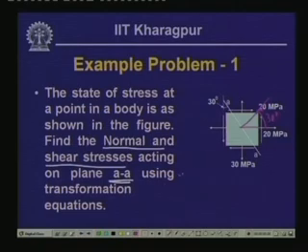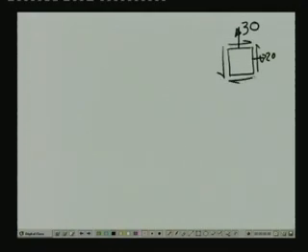So, if we write down the transformation equation for the evaluation of the stresses, 2 theta is going to be equal to 60 degree. So, we have the stresses acting on a particular body at a point as sigma x as 20, sigma y as 30 and tau x y as 20 MPa.